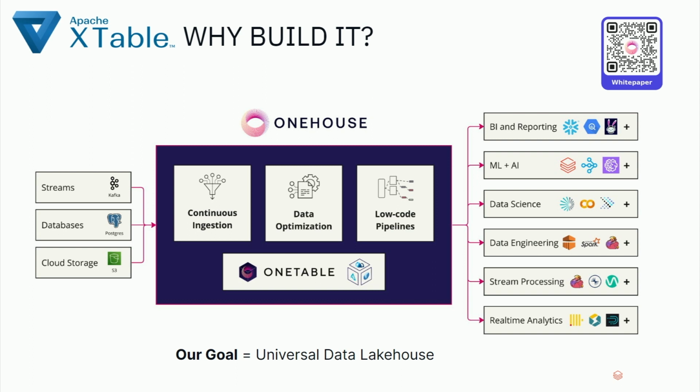Because we're building what our tagline calls a universal data lakehouse, we had lots of folks in those overlapping concentric circles. They said, I use Databricks and Snowflake, can you help me out? We heard this overwhelmingly from our customer base, and that's why we originally decided to create XTable itself.